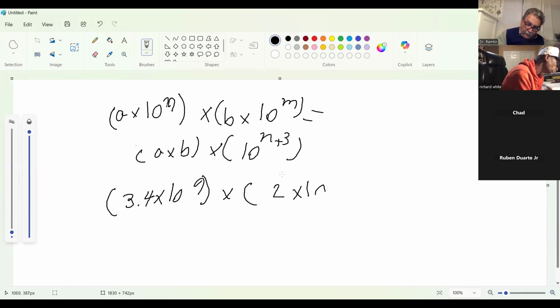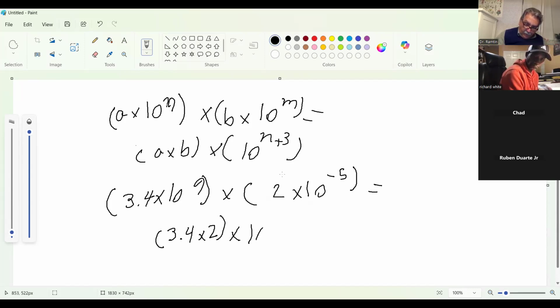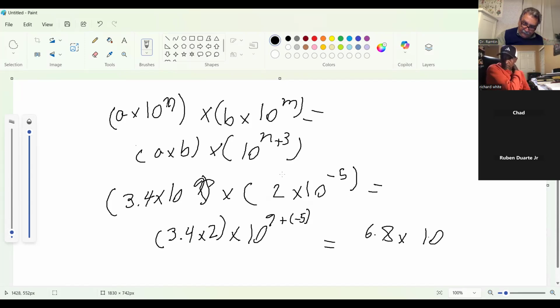Following the rule, I put 3.4 times 2, times 10 to the power of 9 plus minus 5. So 2 times 3.4 is 6.8, times 10 to the power of 9 minus 5, which would be 10 to the power of 4. That's the final answer.